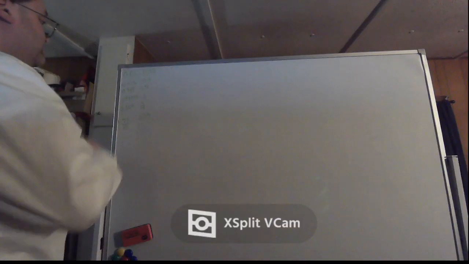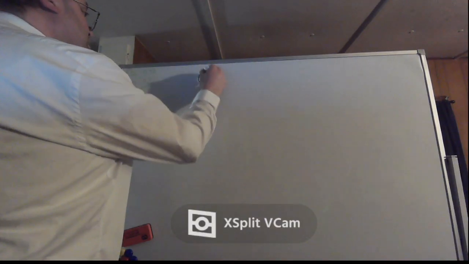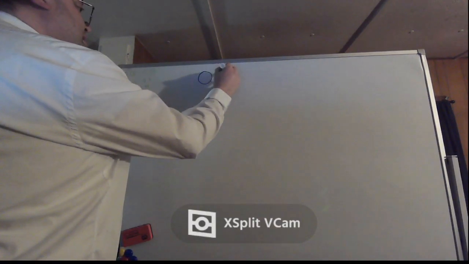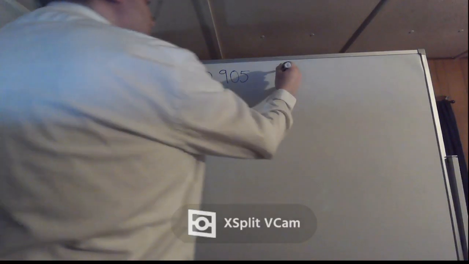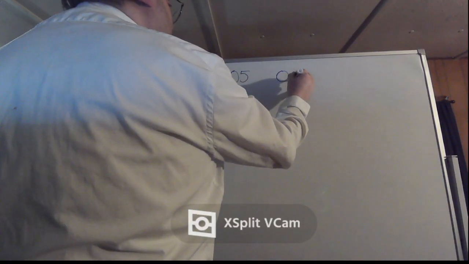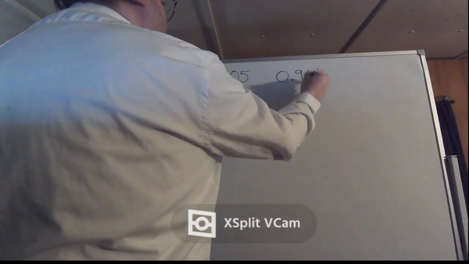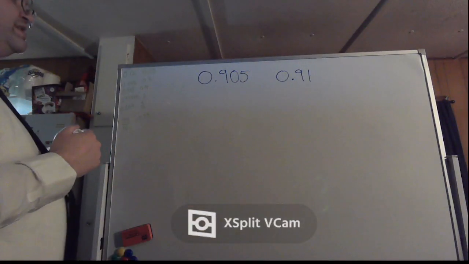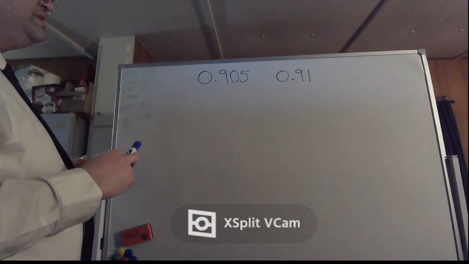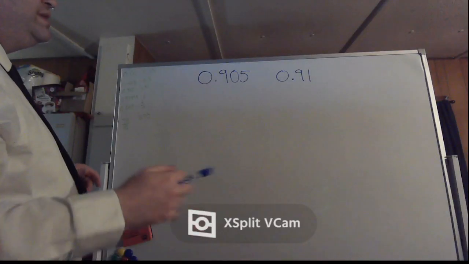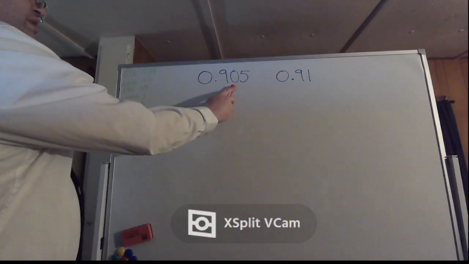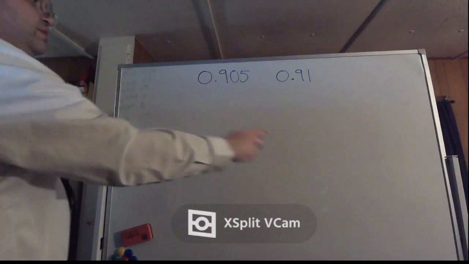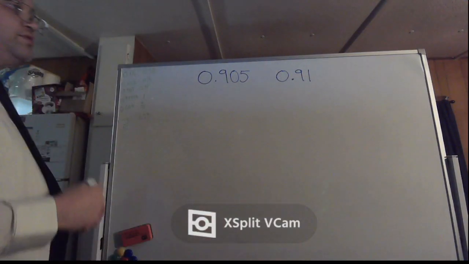How about 0.905 and 0.91? Okay, so we have 905 thousandths and 91 hundredths. Again, we have 3 decimal places on the number to the left. We only have 2 decimal places on the number to the right.